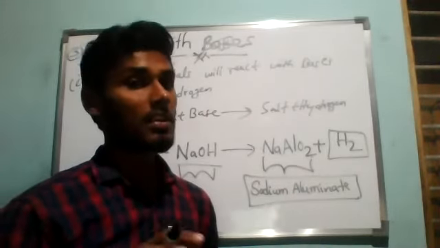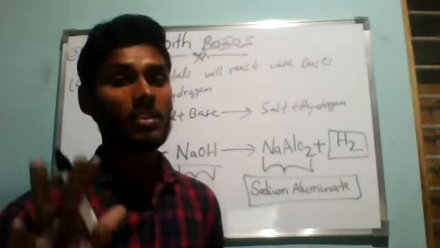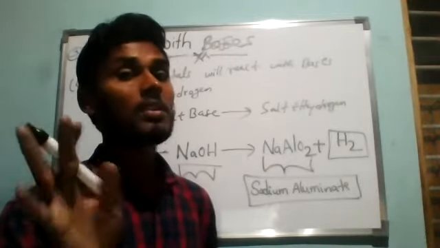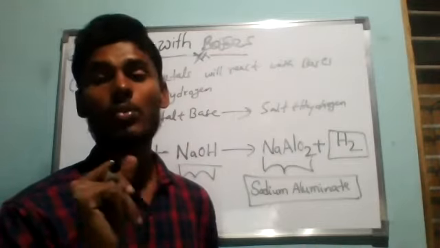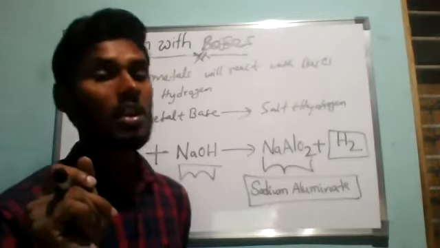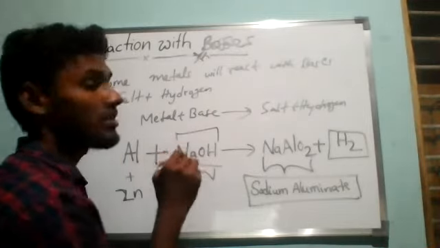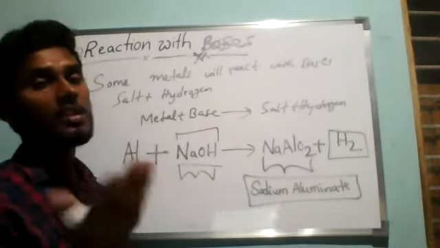But generally, some metals react with sodium hydroxide to produce hydrogen gas. Note that not all metals react with bases to produce hydrogen gas. Sodium hydroxide is a highly concentrated base; remember, bases also can be concentrated and dilute.